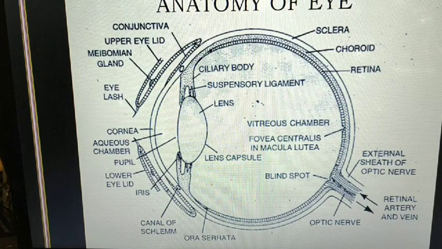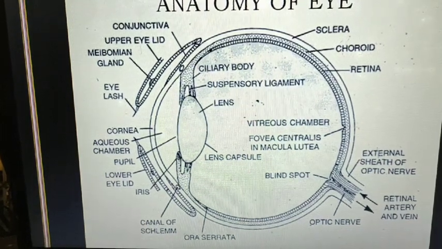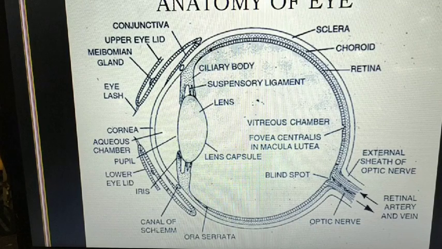So due to its curvature, it helps to refract the light and focusing the light on the retina, which is going to form the inverted image. The cornea serves as a filter for UV radiation. Then conjunctiva.